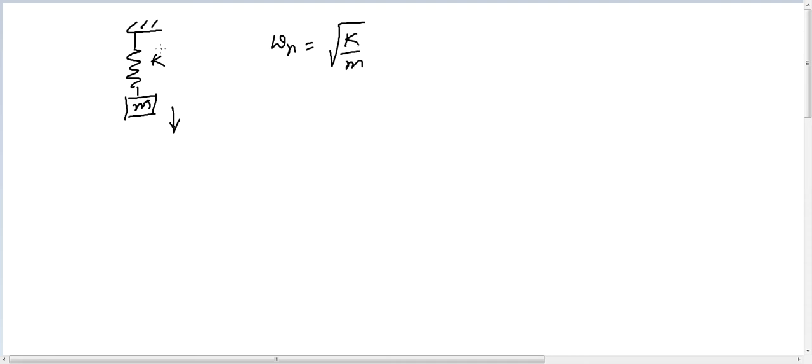Here in this case we are not considering the mass of the spring. If we want to consider the mass of the spring, what is the new natural frequency? Let us say the mass of the spring is ms. Now we want to find the natural frequency of this system considering the mass of the spring.